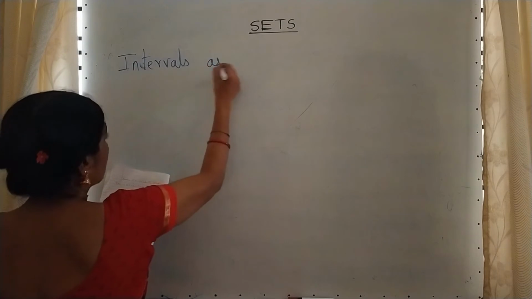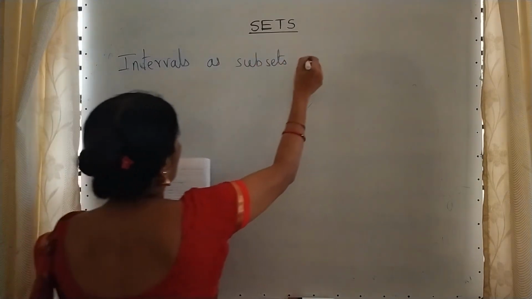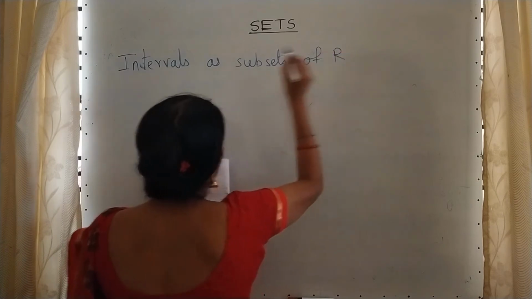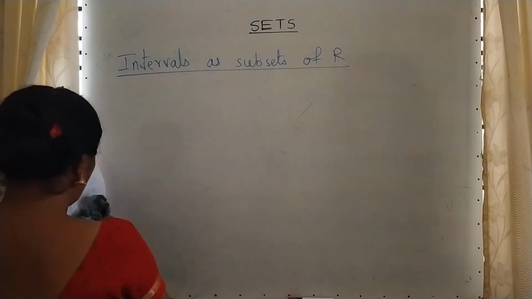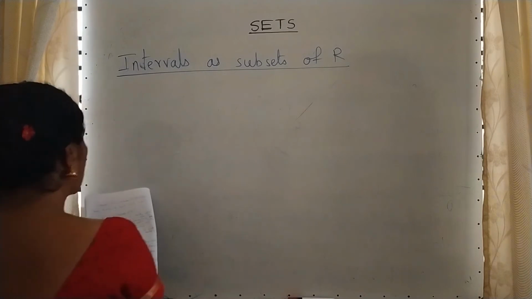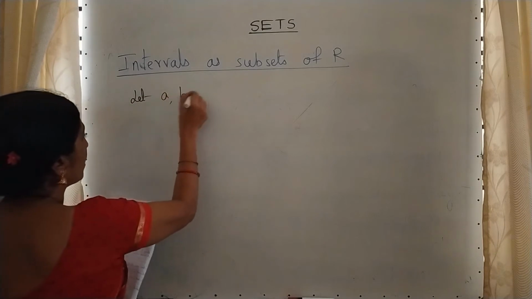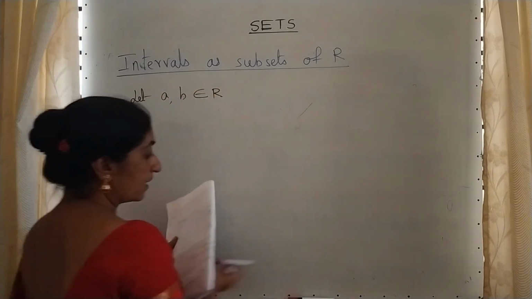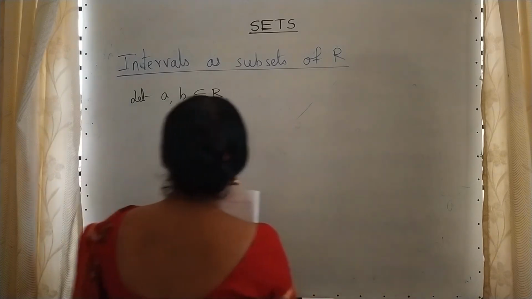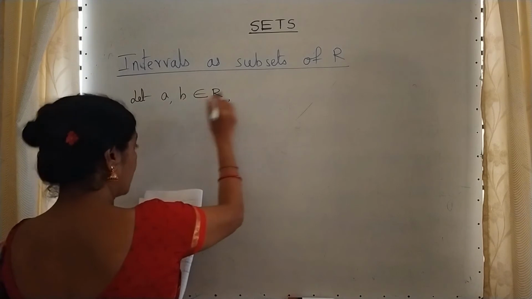Intervals as subsets, that I am explaining in the form of subsets of real numbers R. R means real numbers. Suppose you are taking two elements A and B from the real numbers R, and A is less than B. A less than B means A is the smallest number and B is the biggest number.